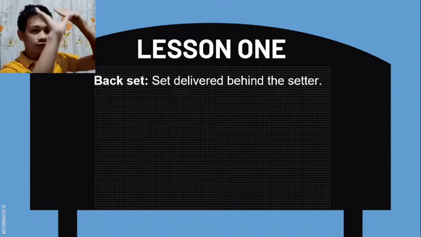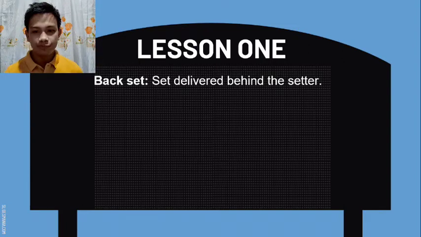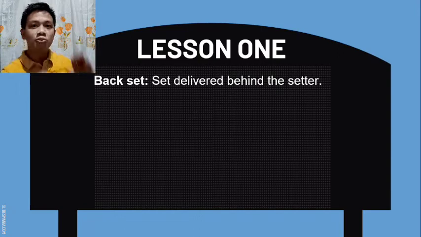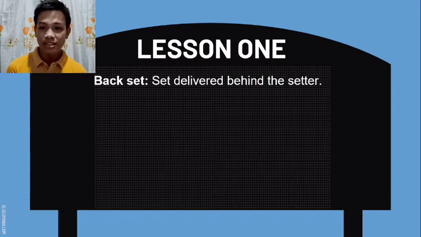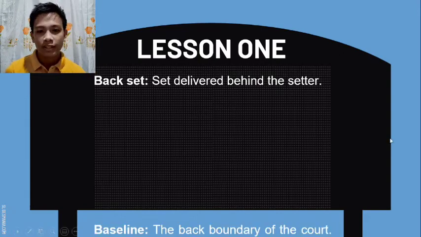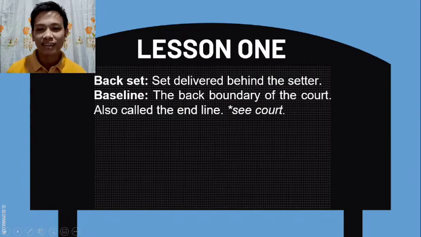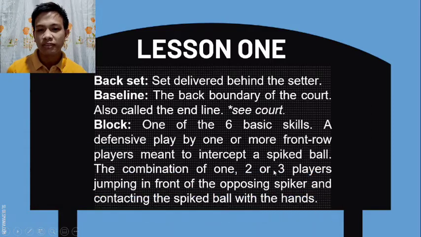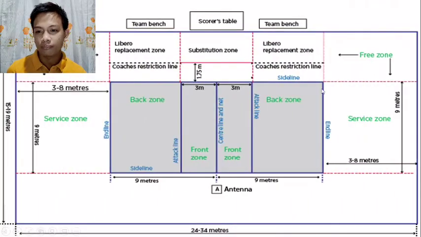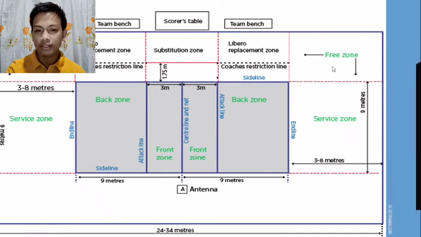Kung nakikita nyo, yan yung back set. Tapos, nasa likod niya yung mag-spike. That's back set. Next, baseline, the back boundary of the court, also called the end line. So, yun, same lang siya. Ito yung baseline or end line na tinatawag. Okay, let's go back.